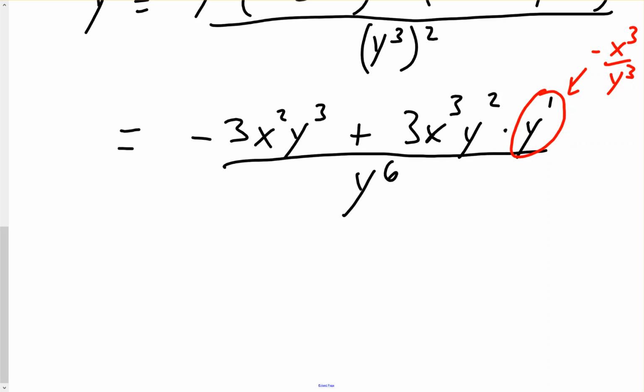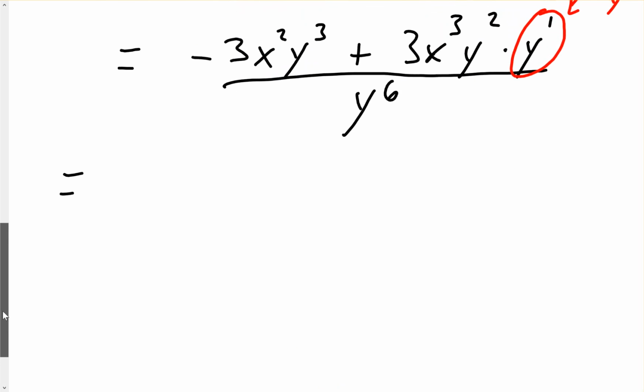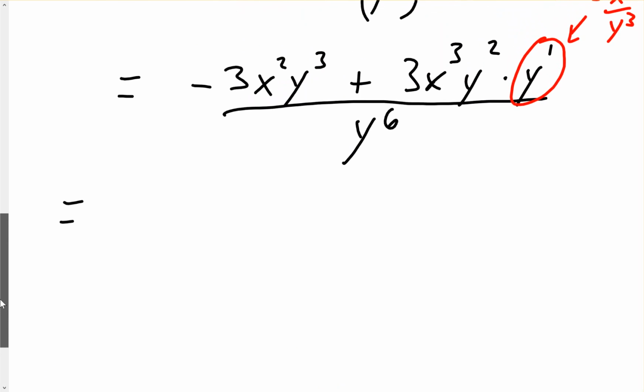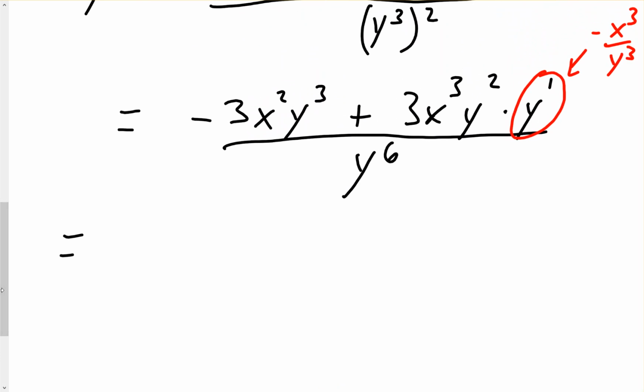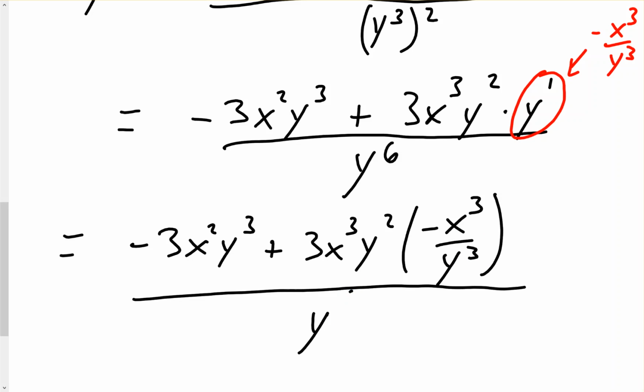Okay, so let's do that, and then let's rewrite the problem. We have negative 3x squared y cubed plus 3x cubed y squared all over y to the 6th.